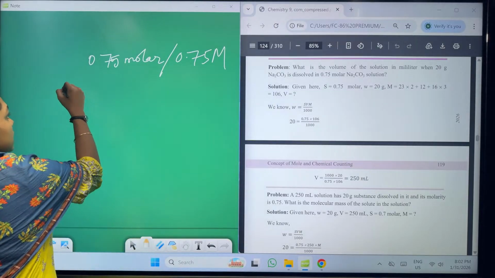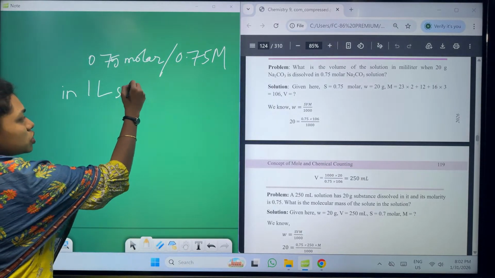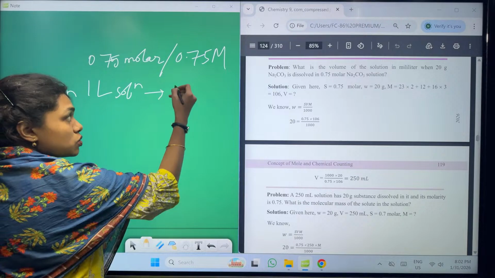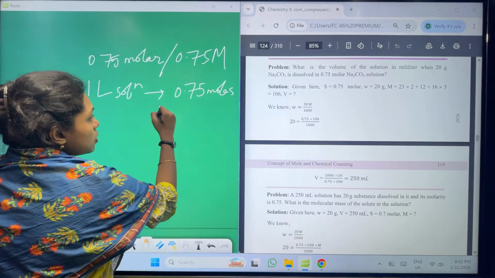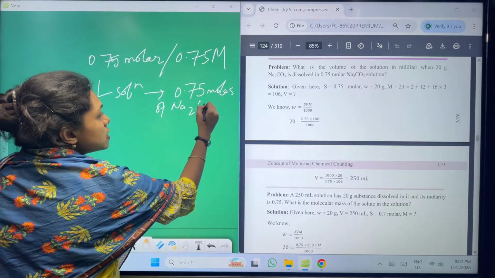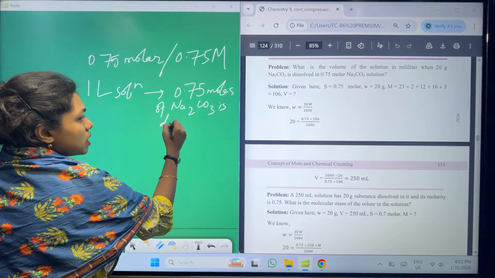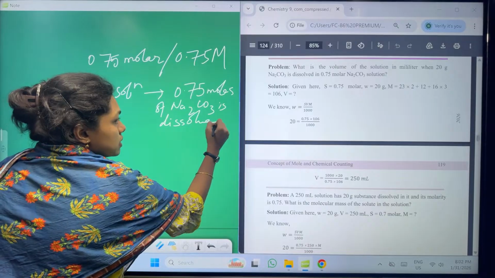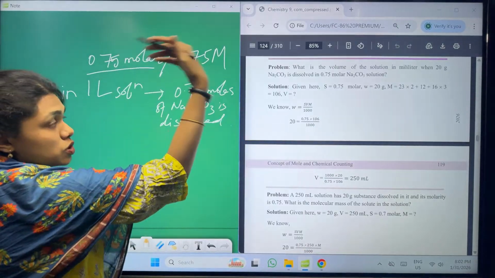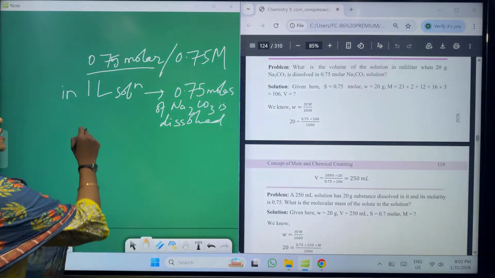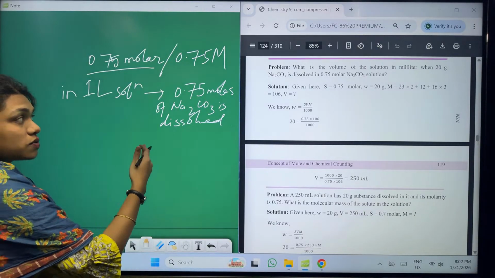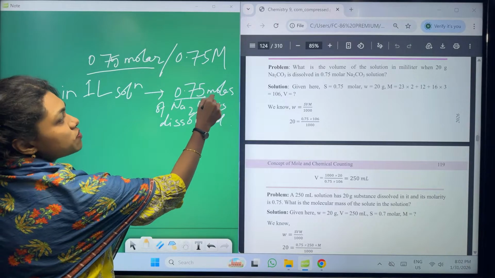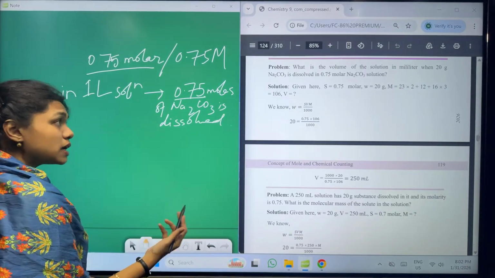That means in 1 liter solution, 0.75 moles of Na2CO3 is dissolved. Am I right? Does that make sense to you? In 1 liter aqueous solution, 0.75 moles of Na2CO3 is dissolved, right?